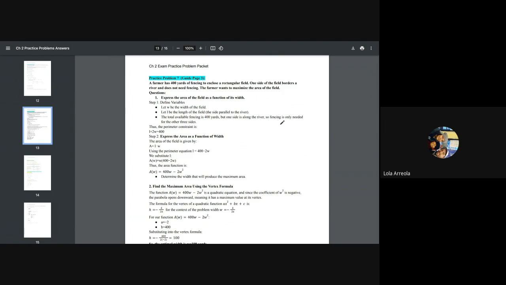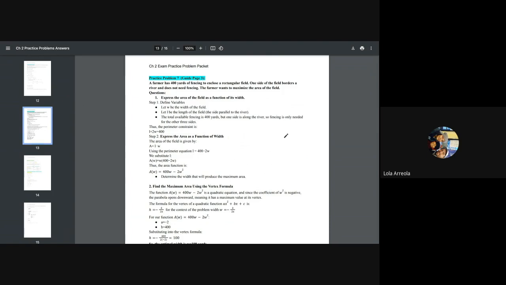So that is my equation for perimeter. And since I know what P is, I can just fill it in there. So really I have 200 is equal to length plus 2W.